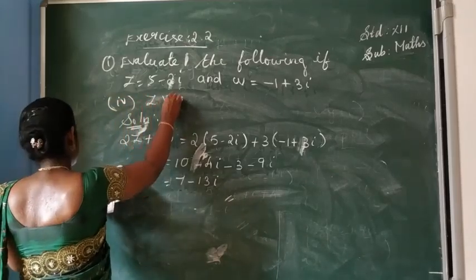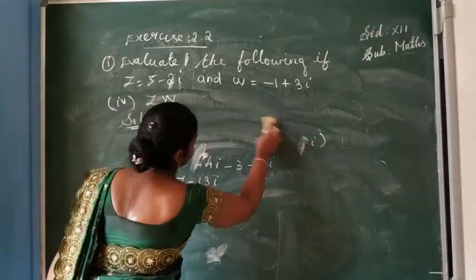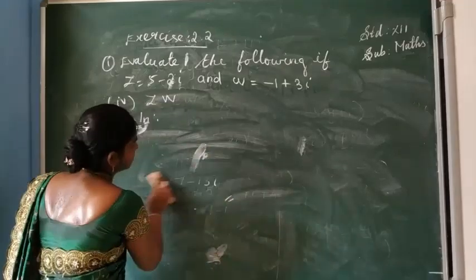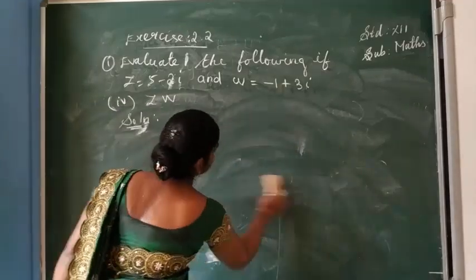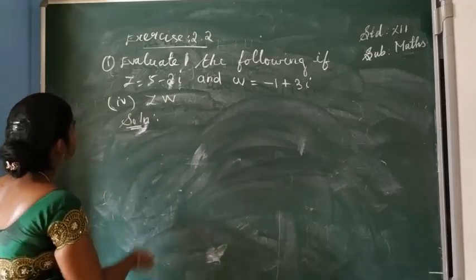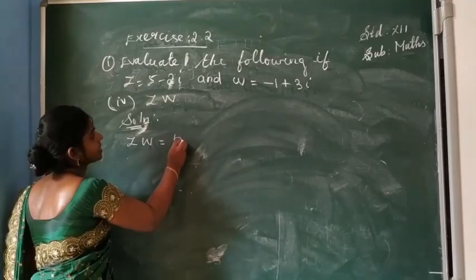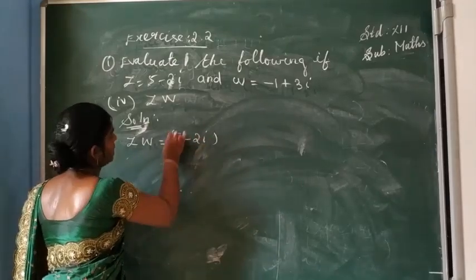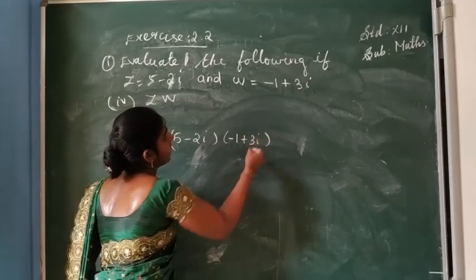zw equal to, z value is 5 minus 2i into w value is minus 1 plus 3i.